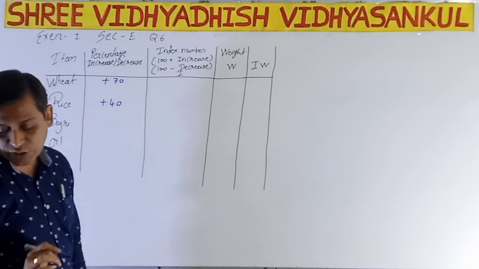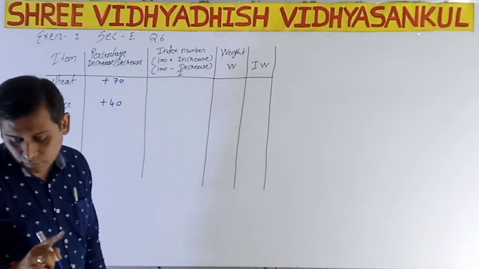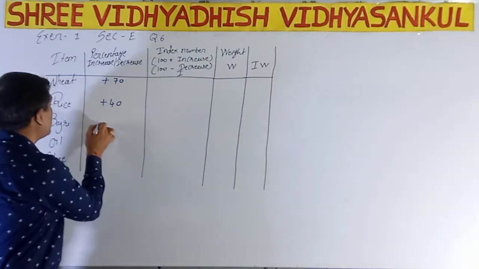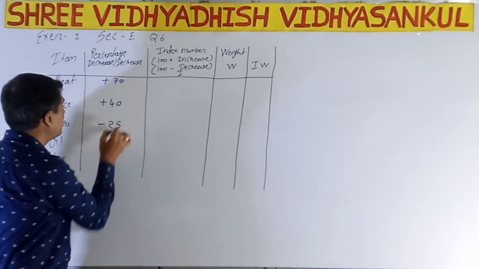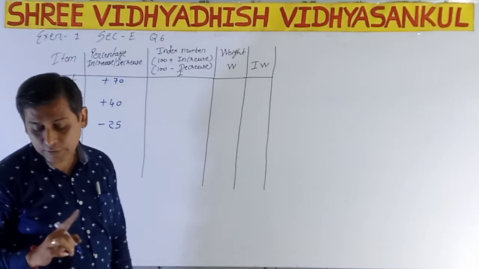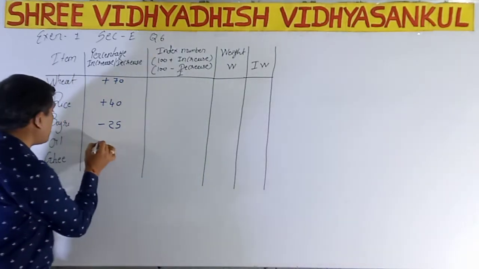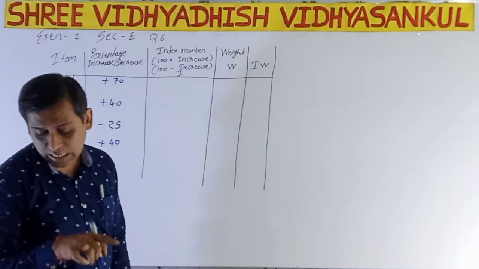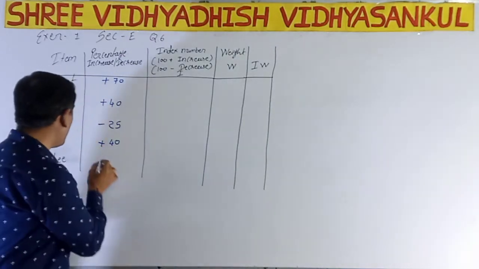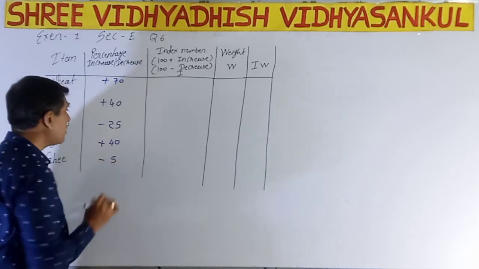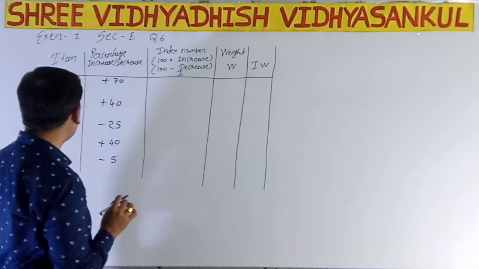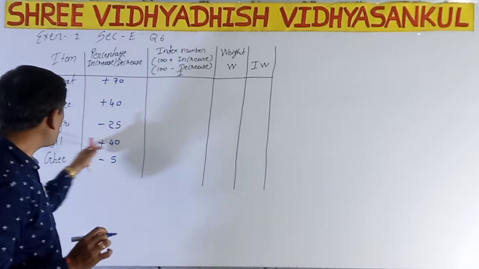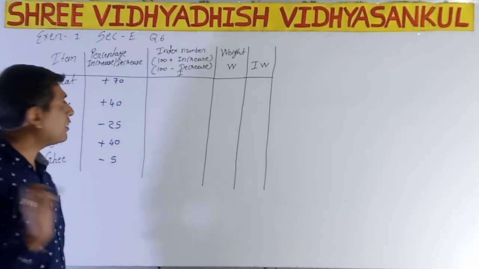Then the price of bajri decreased by 25%, minus 25. Then the price of oil increased by 40%, so plus 40. And the last one, the price of ghee decreased by 5%. So here minus 5. Okay. So wheat increase, rice increase, bajri decrease, oil increase, and ghee decrease.